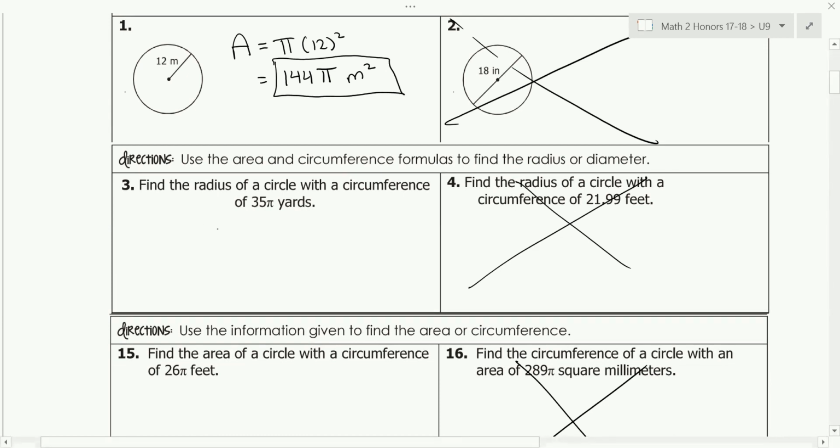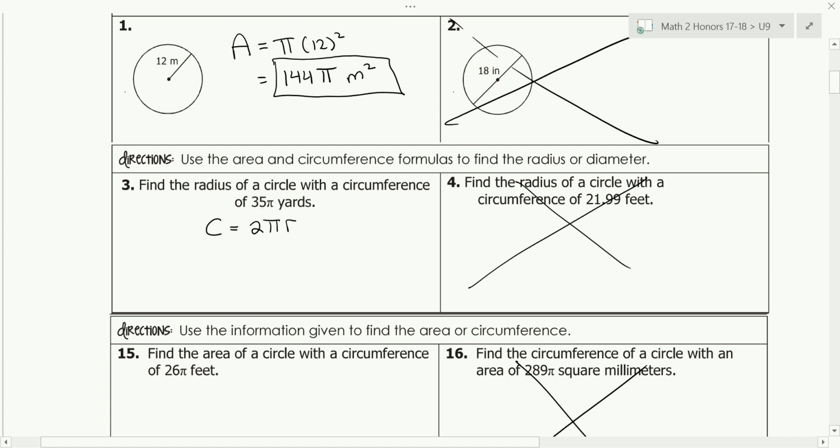How'd you start? So we know the circumference is 2 times pi times r, right? Were you thinking area? Okay.